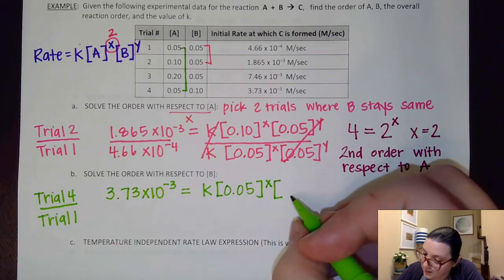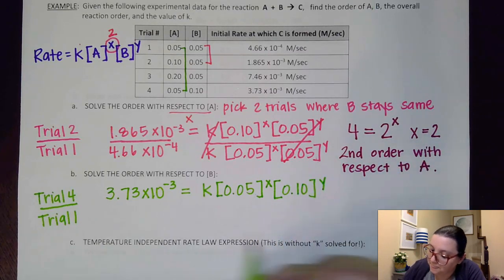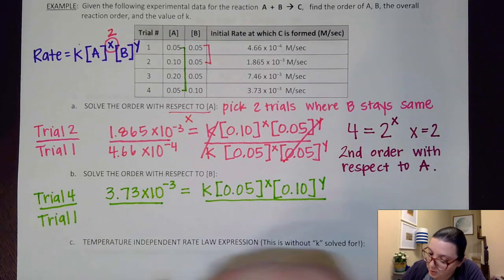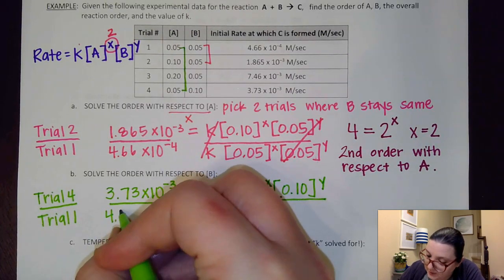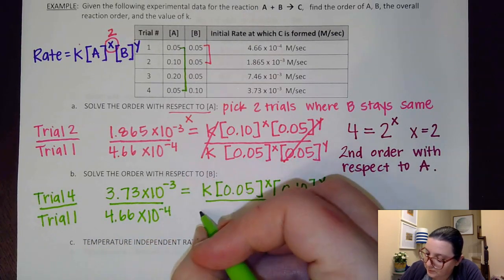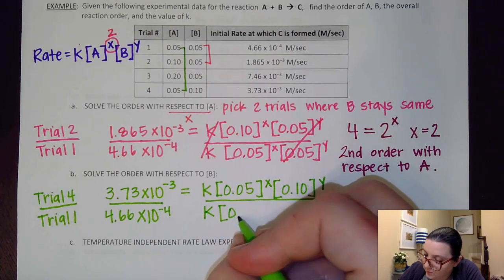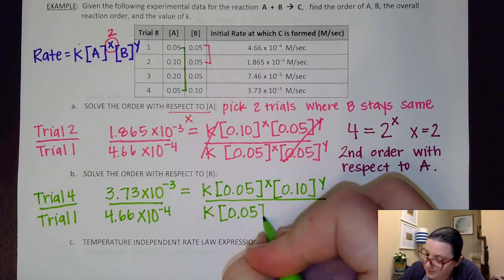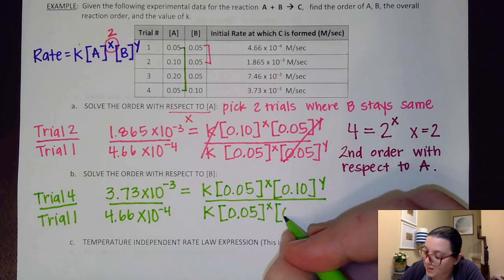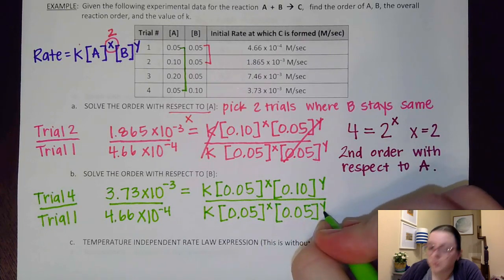And then I had 0.10 raised to the Y. I'm going to put that over trial 1. Trial 1 again was 4.66 times 10 to the negative fourth equals K, 0.05 raised to the X. Again, now we know that X is 2, so you could plug that in. And then I have 0.05 raised to the Y.